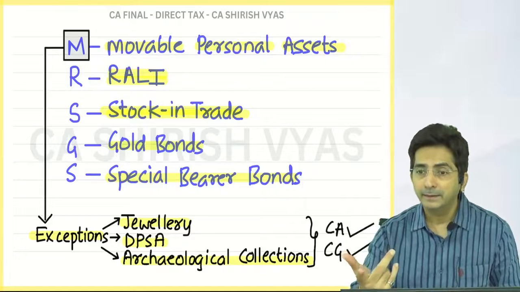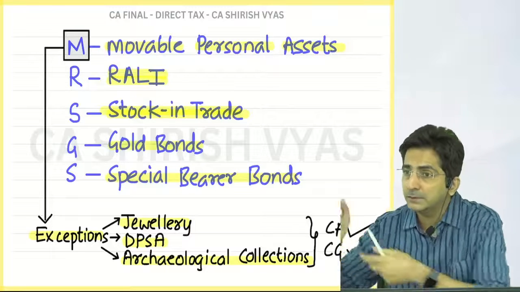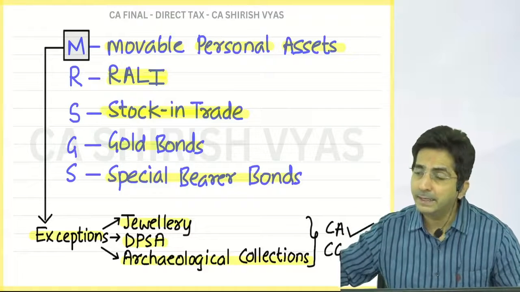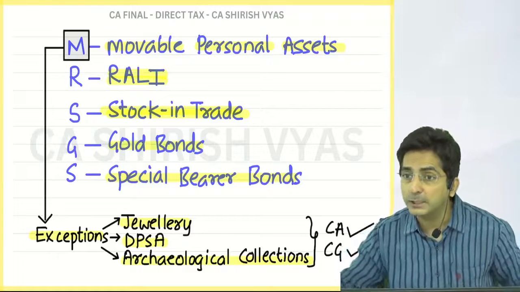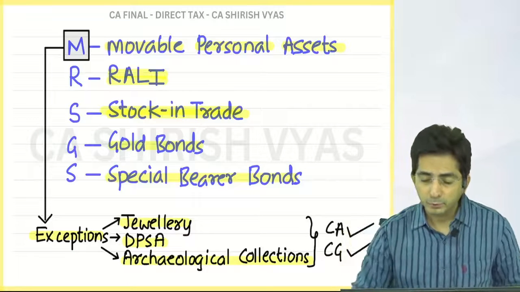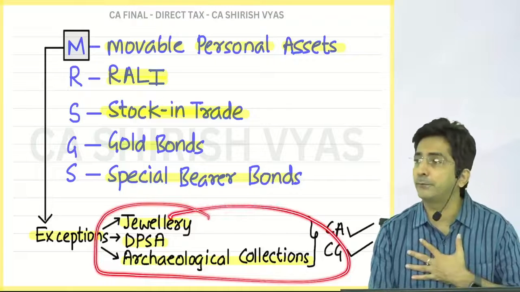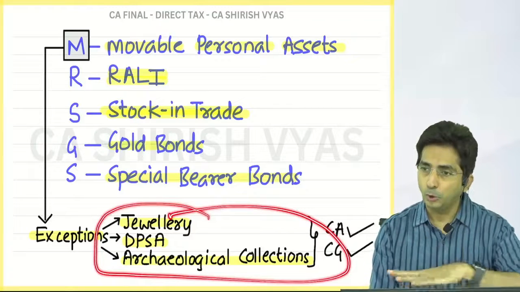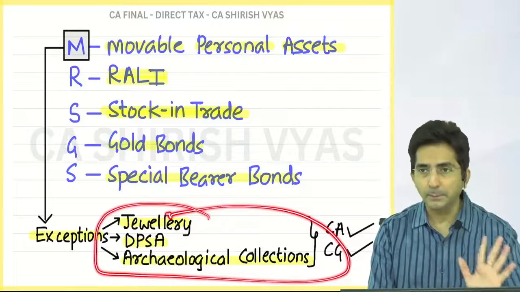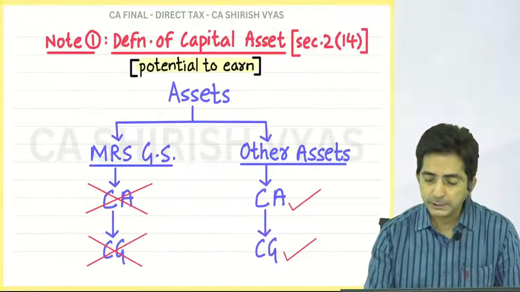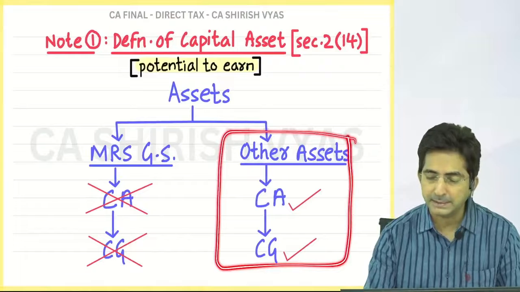Same thing if I put it in an exhibition. There are people who are crazy for antique items. They are ready to spend. So it has potential to earn. In short, there are three things in our personal life which, although movable and personal, because they have potential to earn, are falling in other assets.